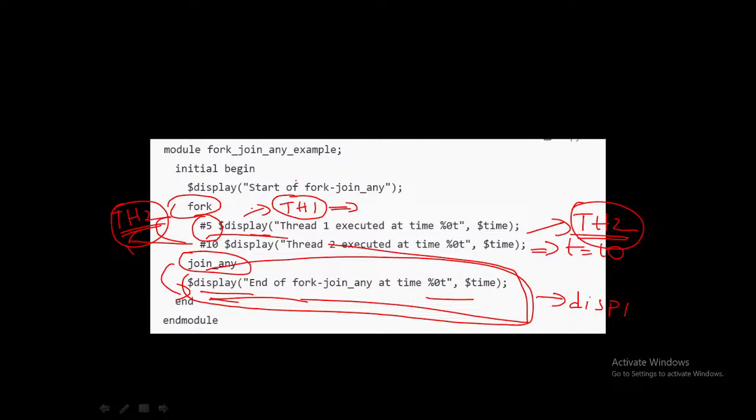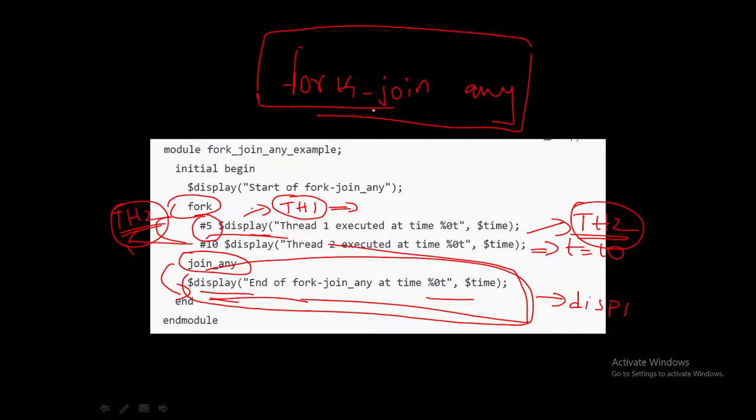But in the case of fork join any, first at time t equal to 5, thread 1 will be executed and the compiler will get out of this block and the outside display statement executes, and after that thread 2 is executed. So this is the working of the fork join any block.